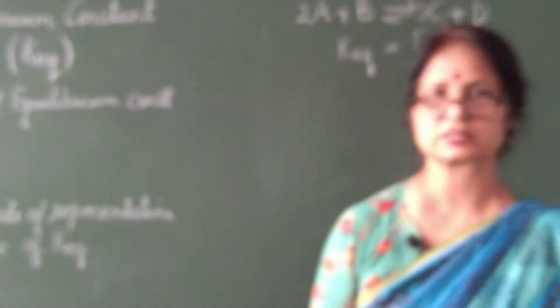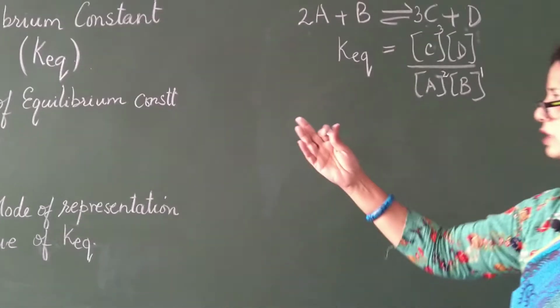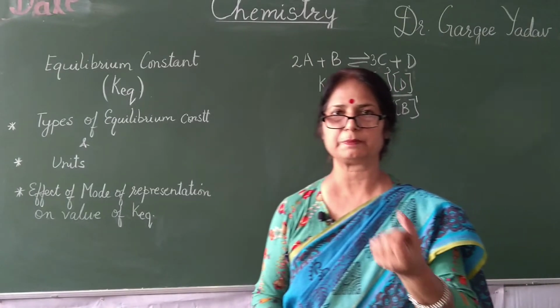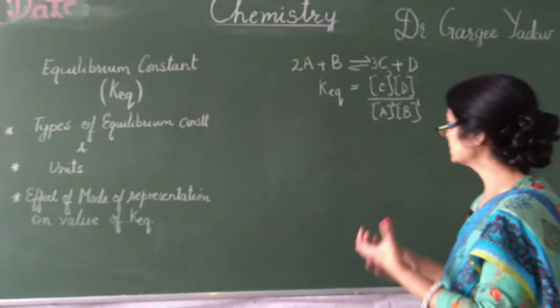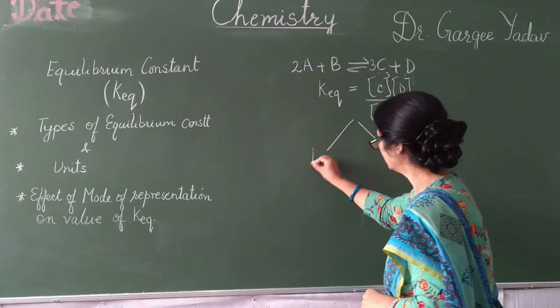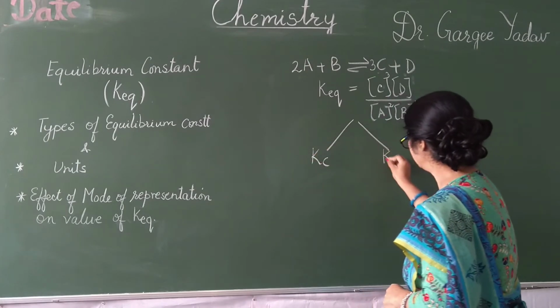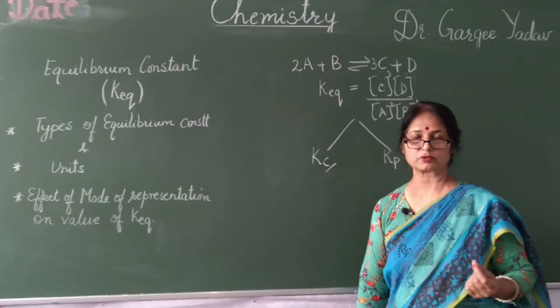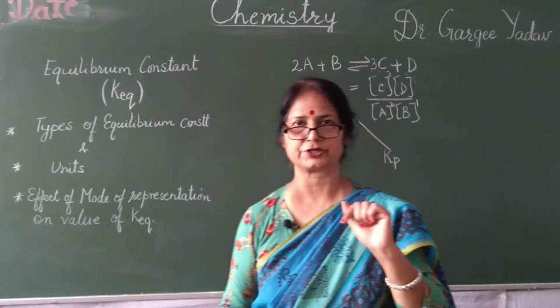So now let's come to today's lecture. I am going to tell you about the types of the equilibrium constants. As we are quite familiar with these words, Kp and Kc, this equilibrium constant is of two types, Kc and Kp. We use the Kc term whenever we are talking about the equilibrium constant in terms of concentration.